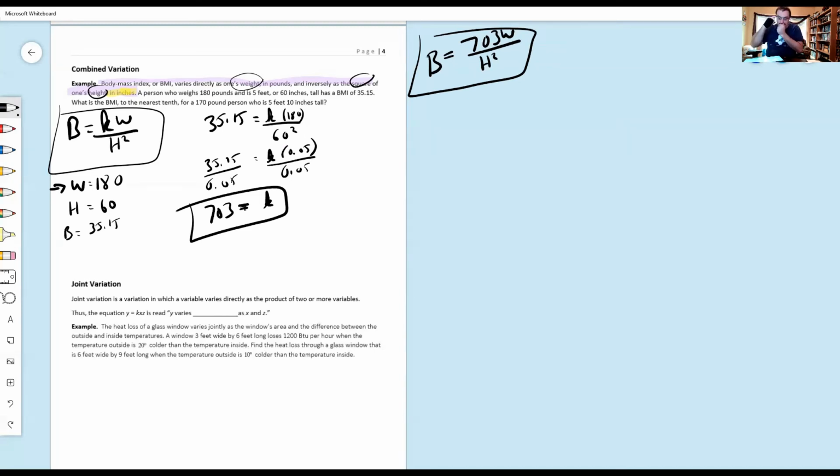And then finally, we're going to answer the question. What is the BMI, to the nearest tenth, of a person who's 170 pounds and 5 foot 10 inches?